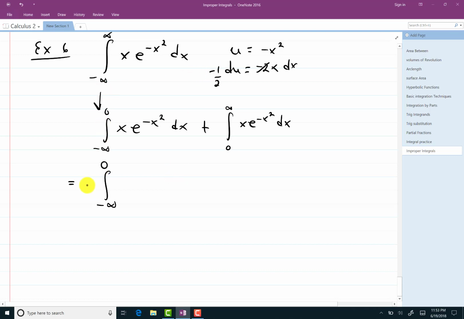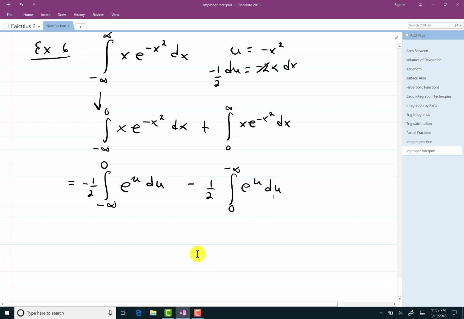And then I'll have a negative 1/2 du, and that will be the x dx part. So I'll have e to the u du. Same deal over here. I'll have the 1/2 out there, 0. And now when I plug this in, you're going to get infinity squared, which is infinity still, but the negative will make it a negative infinity.